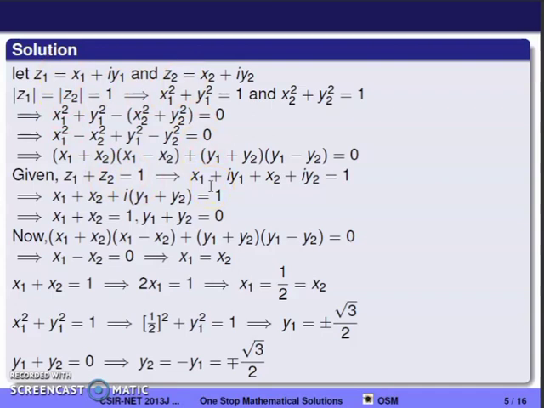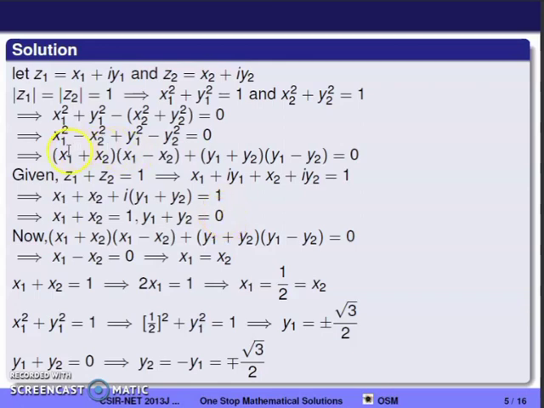We will get x1 plus i y1 plus x2 plus i y2 is equal to 1. Now I am rearranging the real parts and imaginary parts together, so we will get it like this. Now I am comparing the real parts and imaginary parts on both sides. So we will get x1 plus x2 equal to 1 and y1 plus y2 equal to 0.